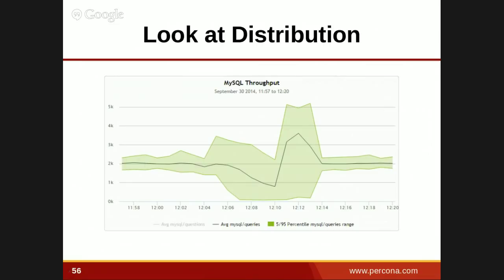What I also mentioned, we really want to provide more information in addition to the averages. So for example, in this case, we're looking at the throughput, right? And this essentially shows us the range between the 5th and 95th percentile. In the normal case, when the system is not loaded, every second it has approximately the same number of queries processed, right?